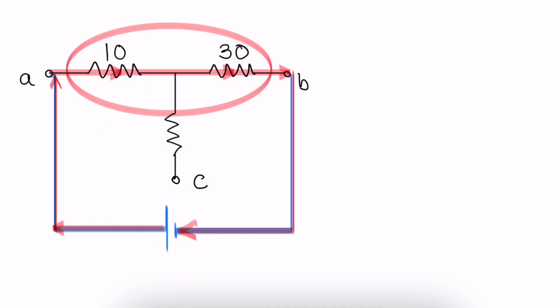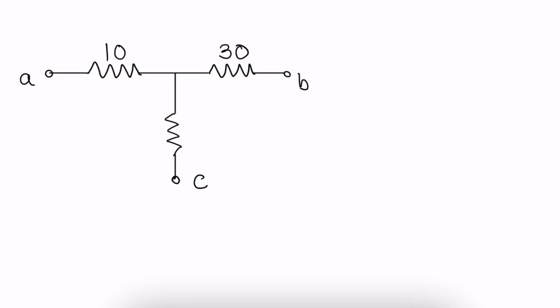So we can say 10 and 30 are in series, and we can conclude about RAB. So RAB is equal to 10 plus 30, which is nothing but 40 ohms.